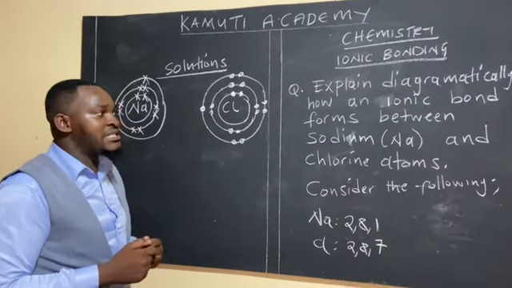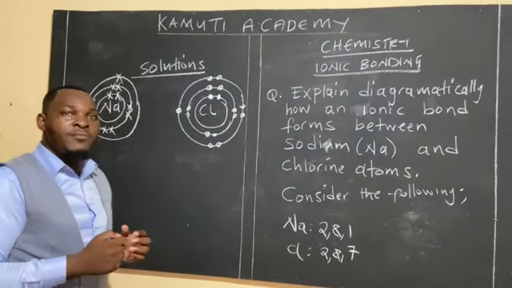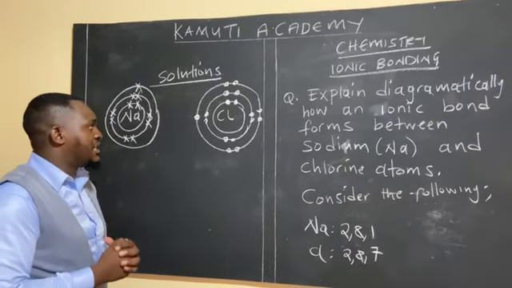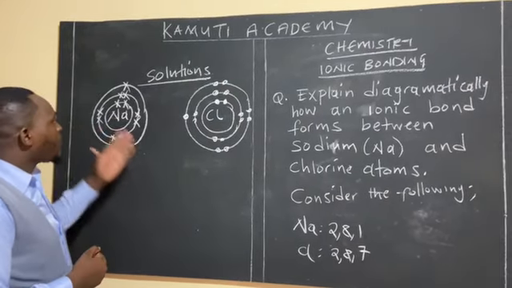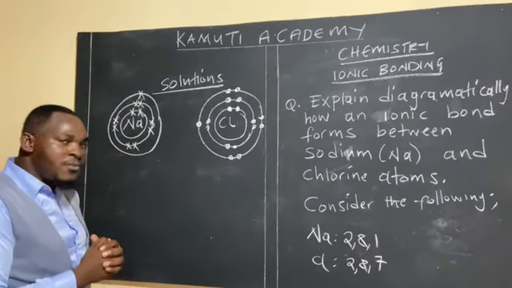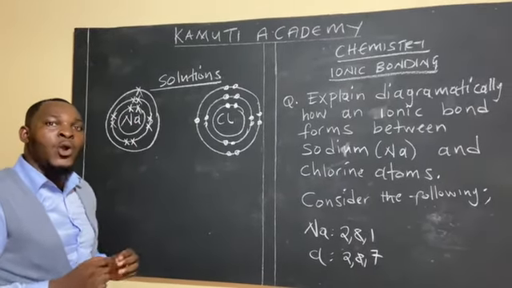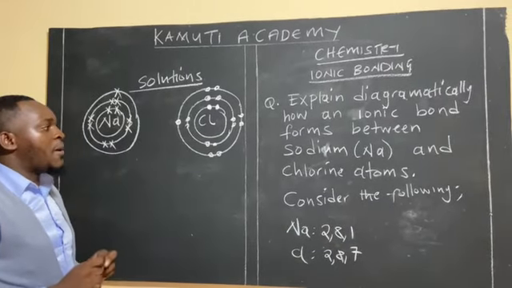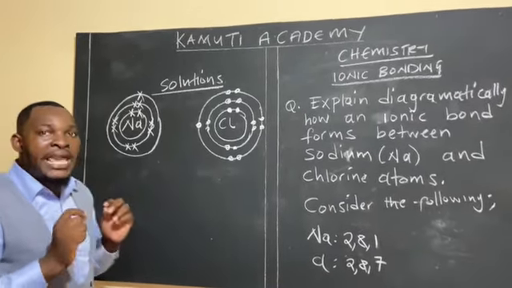The noble gases on the periodic table are very stable. No wonder they are called the noble gases, the inert gases. Chlorine can only be stable if it has an octet number of electrons in its outermost shell. By octet, we simply mean 8 electrons.